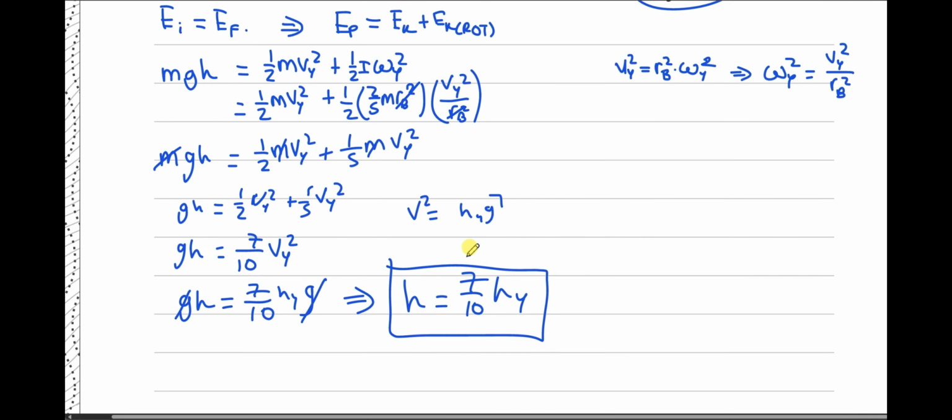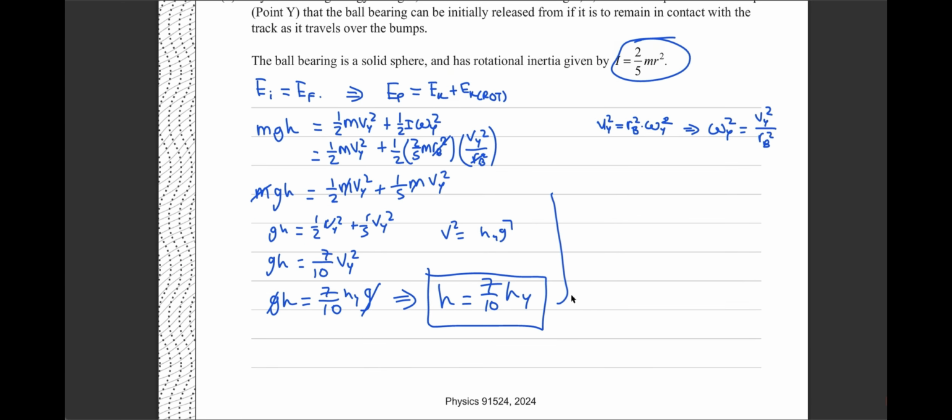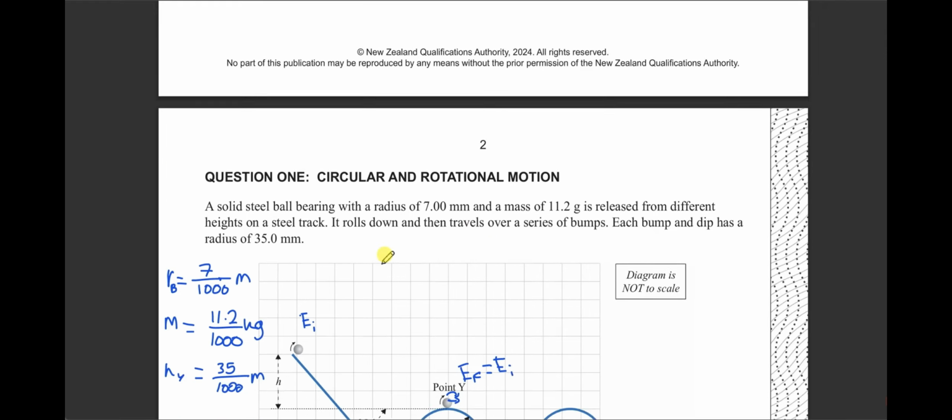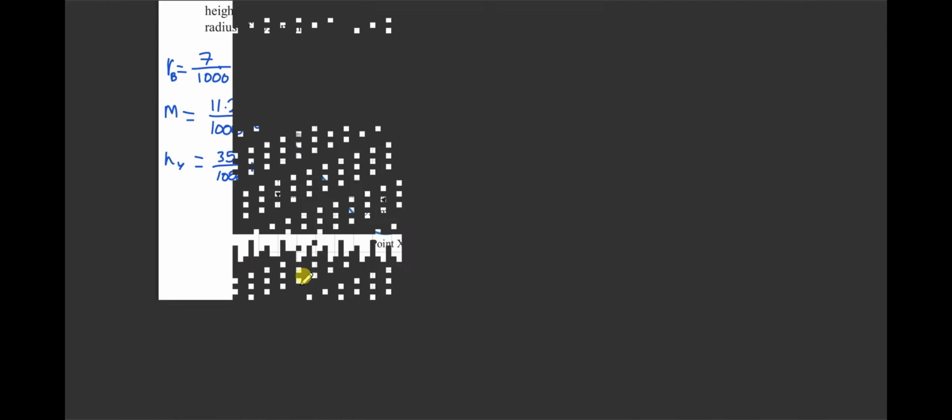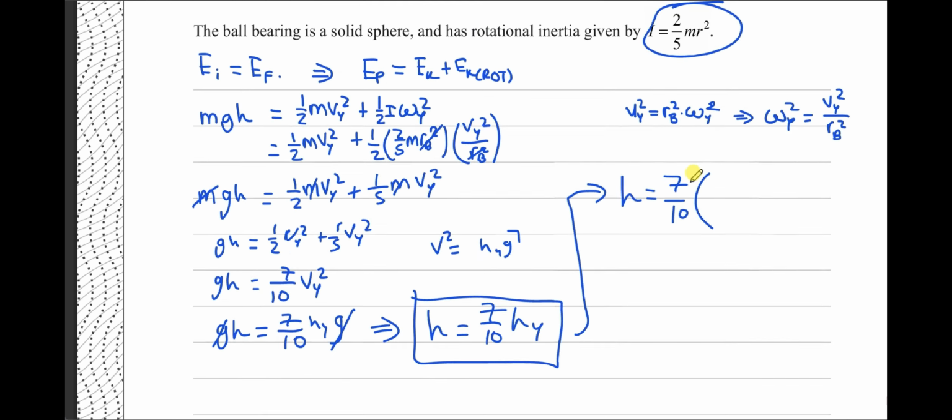And so we can just go ahead and punch in our numbers now, because in this case h would be 7 over 10 times, what's the height at y? 35 over 1,000. And that gives me 7 over 10 times 35. Oh, actually, wait. 0.0245 meters.